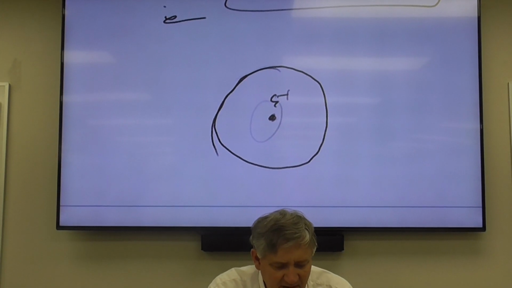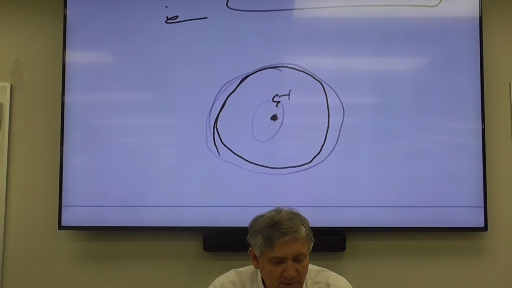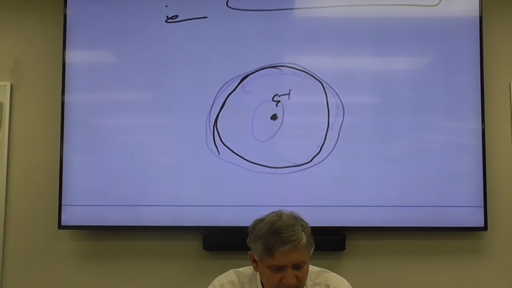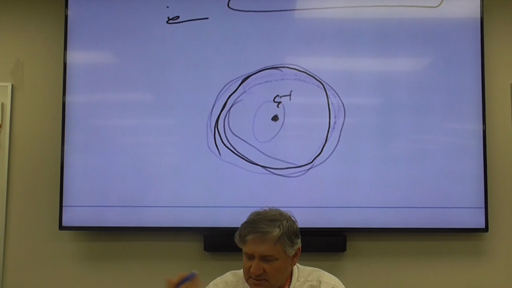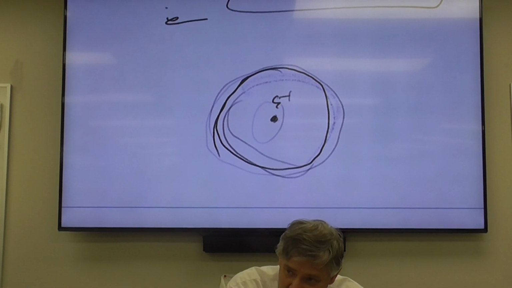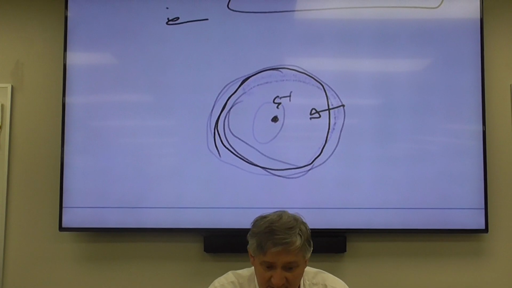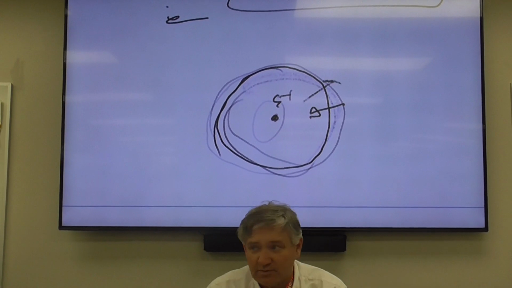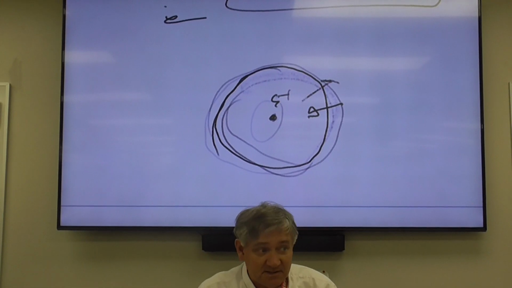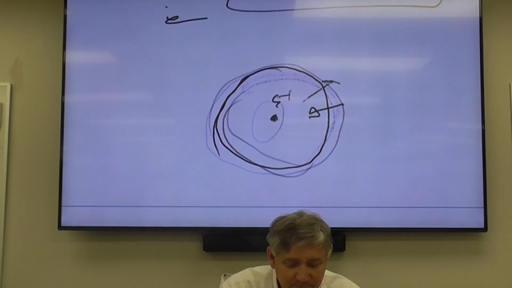Because of the fact that this is conducting, okay, look at what the charges are going to do on the inside layer of that shell. Either they are going to move towards the center or they're going to move towards the outside, because it's a conducting sphere. Figure out which one they're going to go.